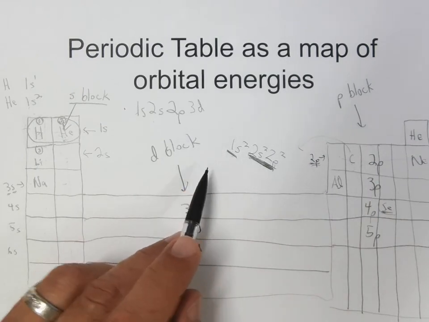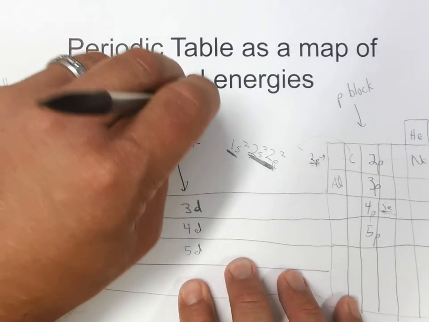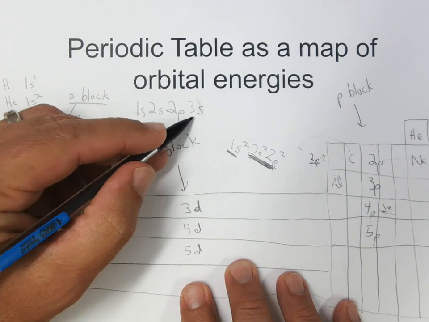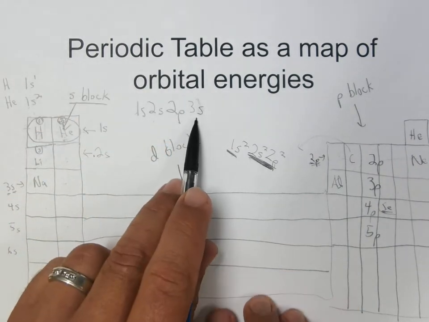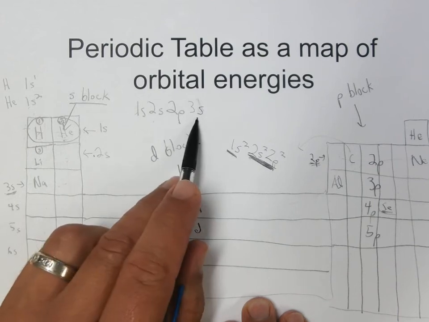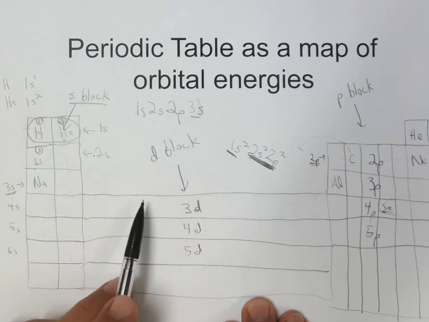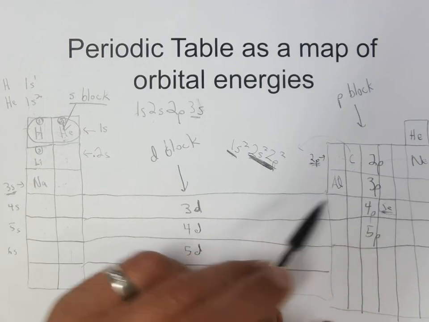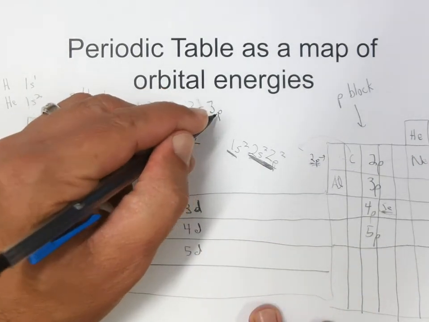So after the 2p and the 3s, right? And sorry about the handcrafted typo there, but sodium and magnesium were the 3s, after that the 3p, and we skip over the d block to the p block and go 3p next.